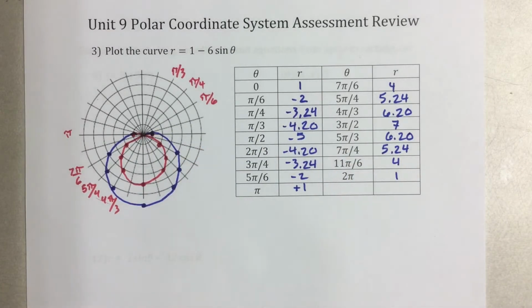All right, so kind of a nice curve, isn't it? Looks like a pendant or some sort of logo. So we have graphing, plotting points, knowing how to work with the equation, knowing how you use the calculator. So we're going to move on here and look at converting coordinates and equations from polar to rectangular and rectangular to polar. All right.